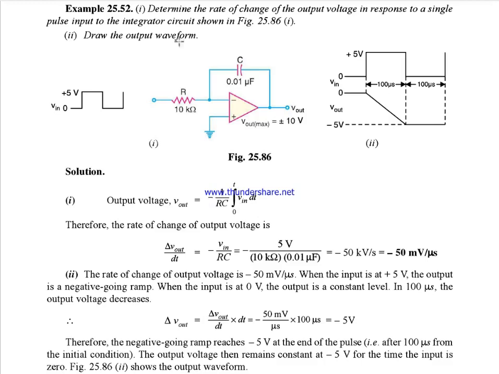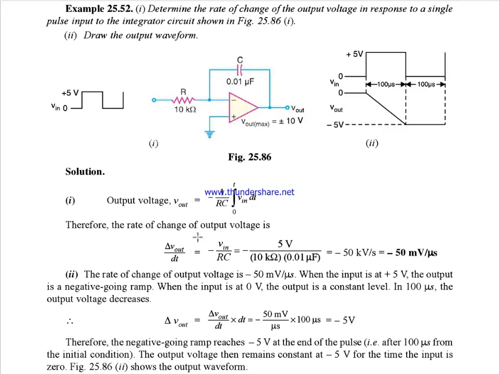So the first question is the rate of change of output voltage. Rate of change means dVout by dt. If you are taking a differential, then the integral will become minus 1 by RC into Vin. So dV by dt is minus 1 by RC into Vin. That is what Vout is equal to the integral of this.